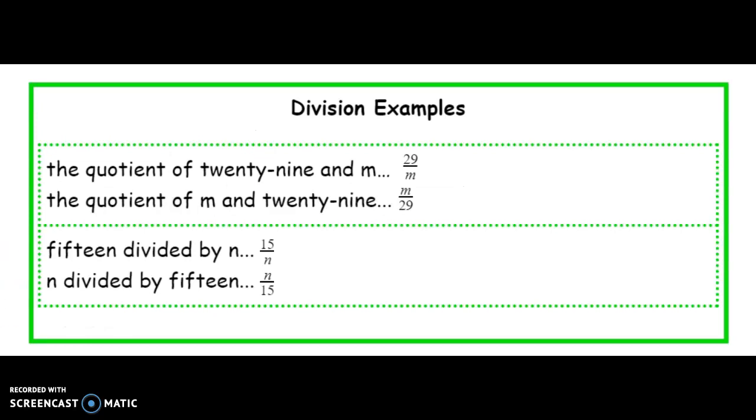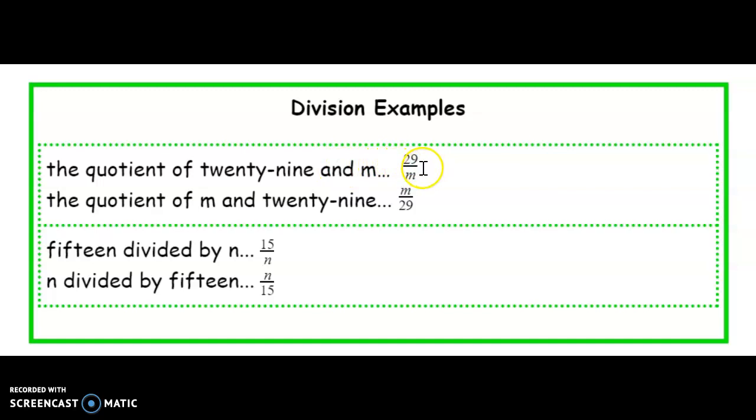Looking at division examples, we know that the word quotient and the words divided by mean to divide. We talked in the introductory lesson about expressing things as a fraction, and with division, yes, it does matter the way that it's written down. So let's take a look at what we have here. The quotient of 29 and m.